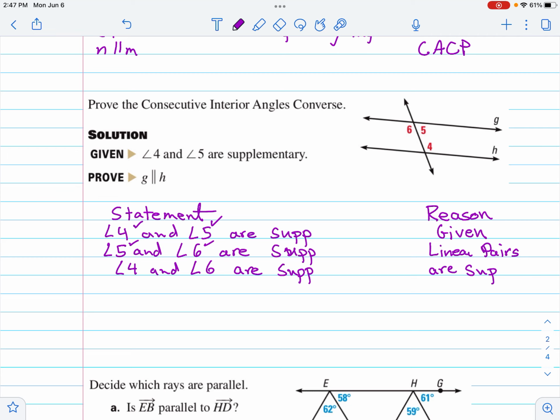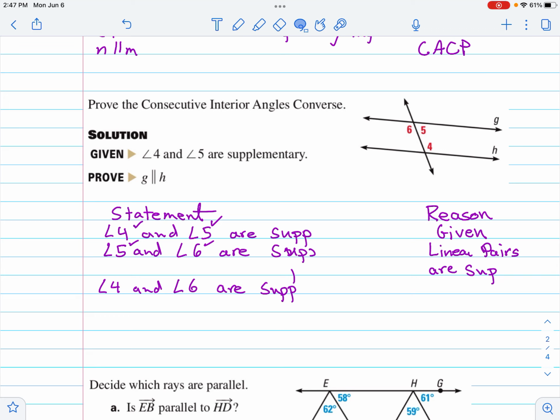Okay? And I didn't give myself room down here. Let me move this down. Okay? Because angles supplementary to the same angle are supplements of each other. So, that makes sense.